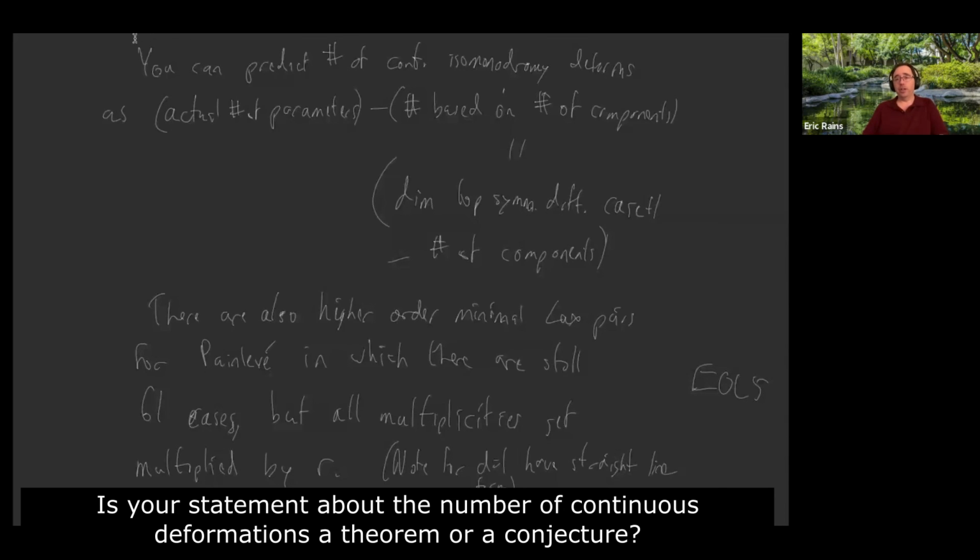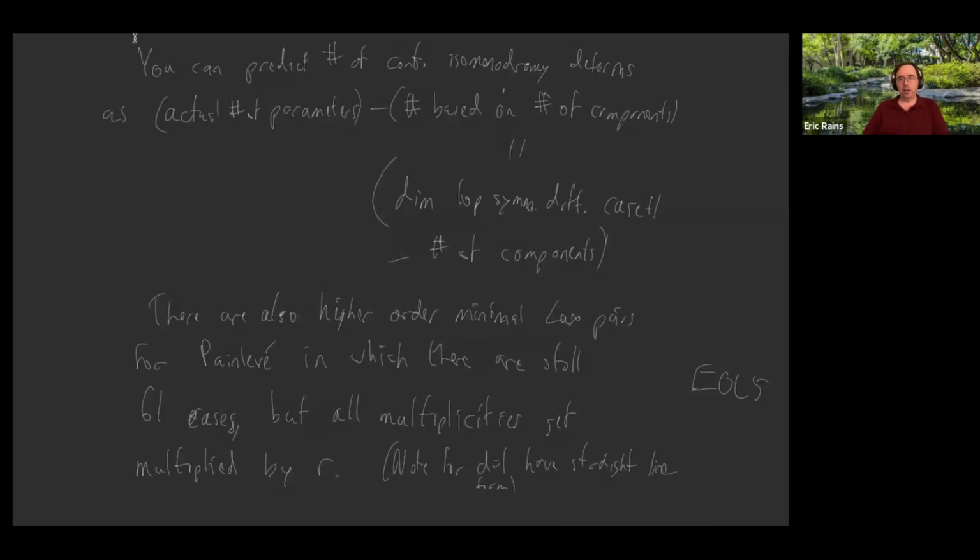Although for quite a while it was just a conjecture, the first thing to note is that there are two different ways of predicting the number of continuous deformations. One is just this parameter counting. The other is, if you look at your local singularities, each one of these irreducible things, if it's a difference equation, has at most one parameter that has the freedom to move discretely.